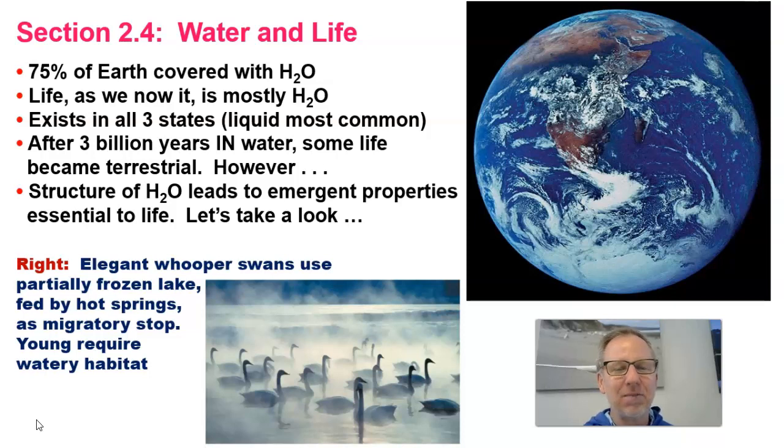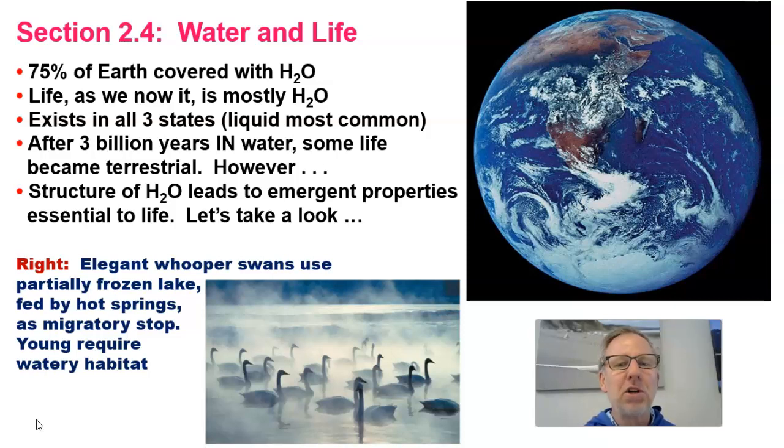So we can't leave the topic of chemistry and move on into topics in biology without understanding some of the unique things about water. And the last point I'm going to make here, which goes along with the last bullet on this slide, is that the structure of water molecules leads to emergent properties that are essential to life.